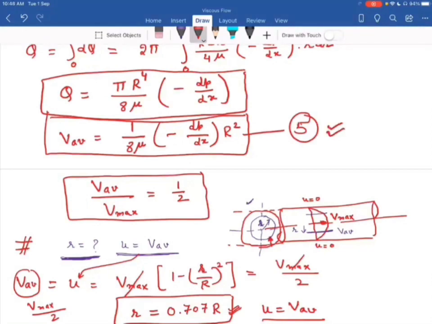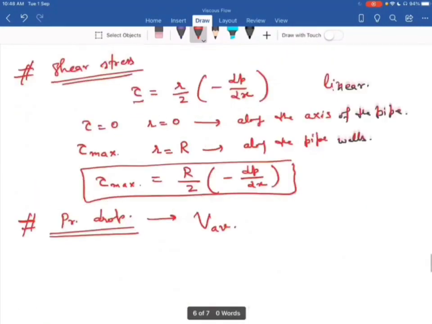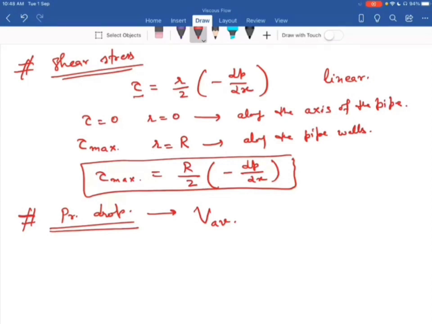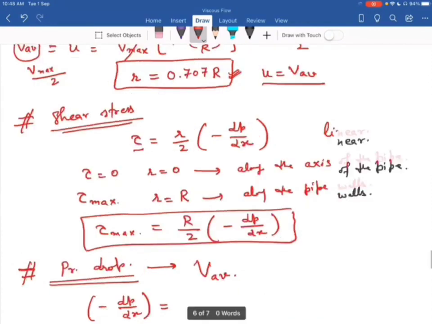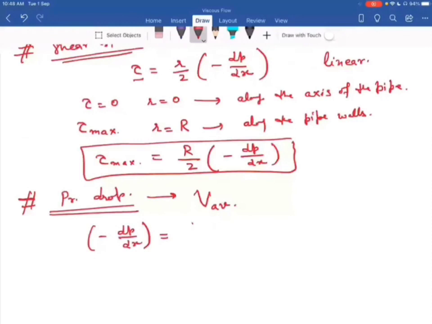So from equation number 5, I can write minus dp by dx comes out to be 8 mu V average divided by R square.